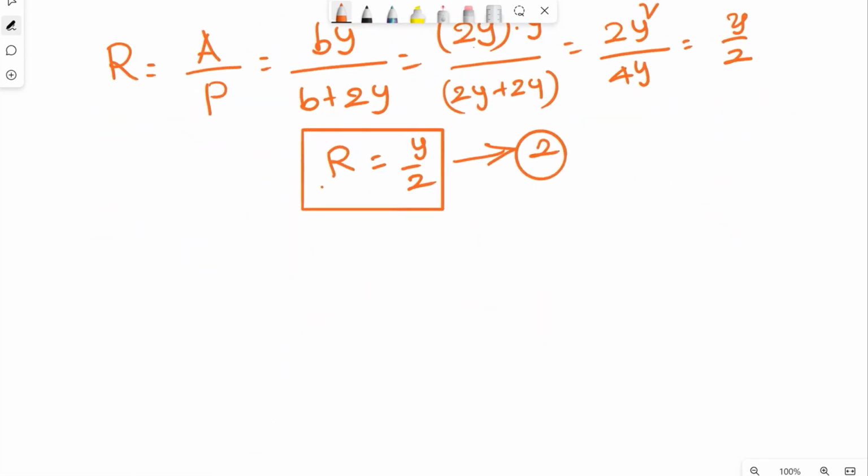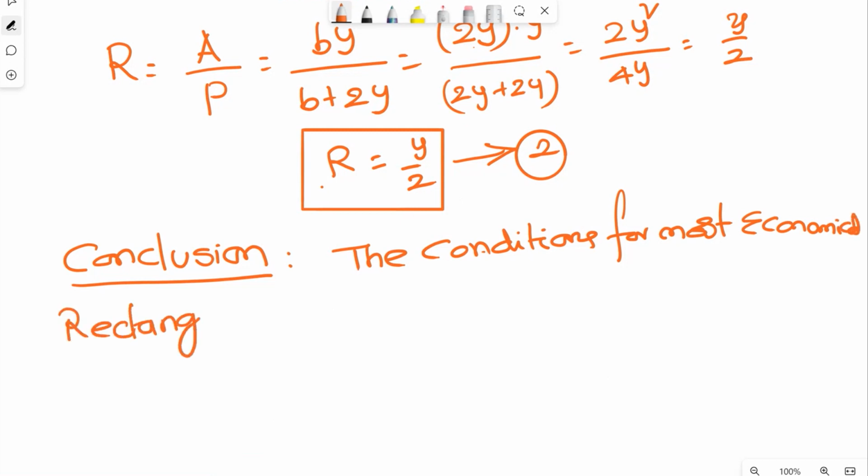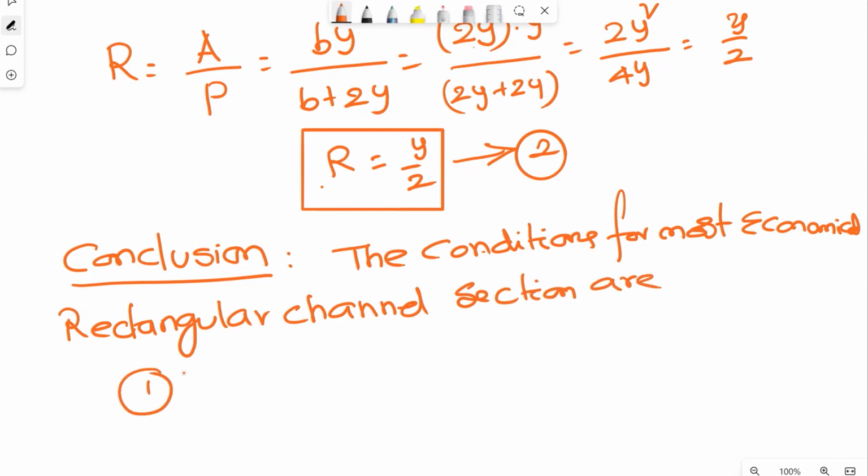So the final conclusion: the conditions for most economical, efficient, both are same, rectangular channel section are: number one, y is equal to b by 2.